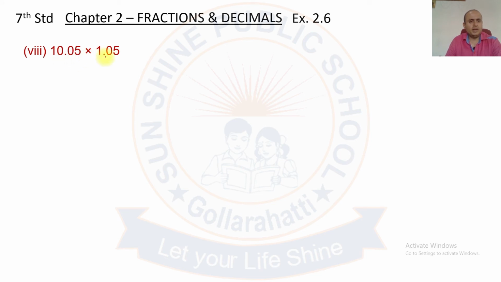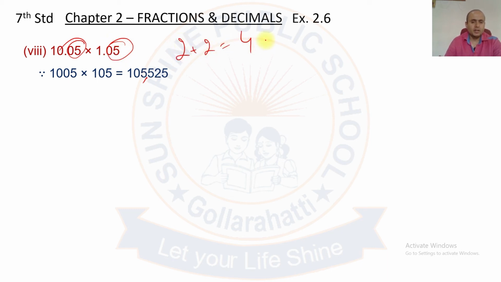Next question is 10.05 into 1.05. When you multiply 1005 into 105, the answer you get is 105525. So here we got a decimal point before 2 digits, and in this one also we got a decimal point before 2 digits. Total we got 2 plus 2, that is 4 decimal places. So you have to place the decimal point before 4 digits, that is 1, 2, 3 and 4.